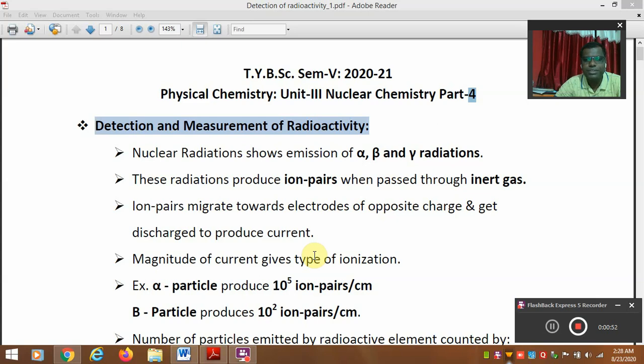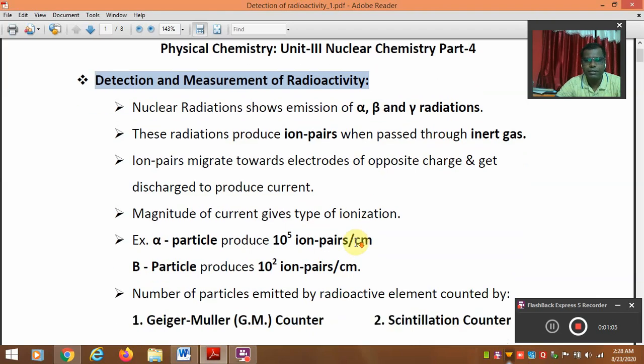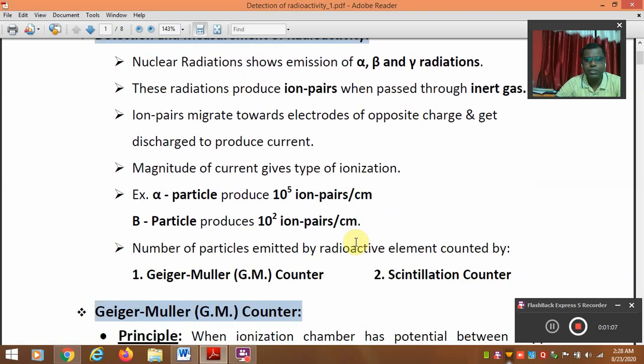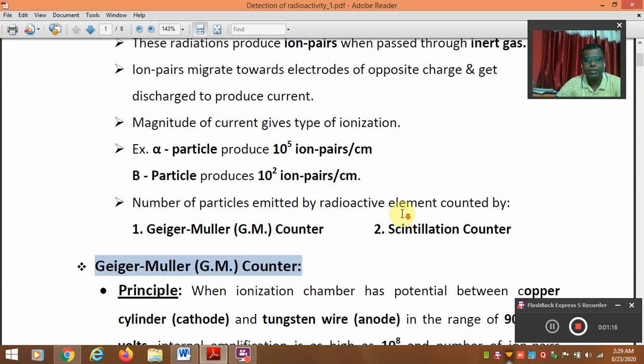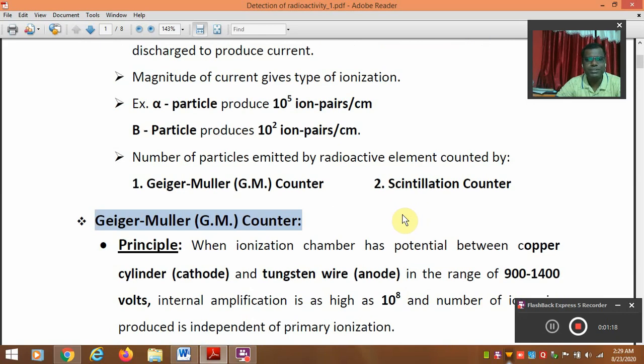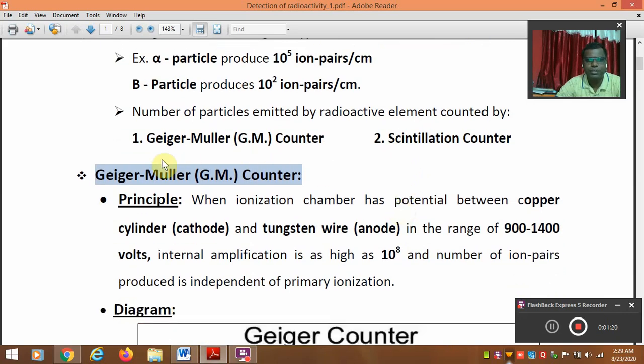The magnitude of this current can be used to find out the type of ionization, whether it is because of an alpha particle, beta particle or gamma particle. To detect and count this type of ionization, various instruments are used, and in the previous lecture we discussed the first type of instrument, called the Geiger-Counter.